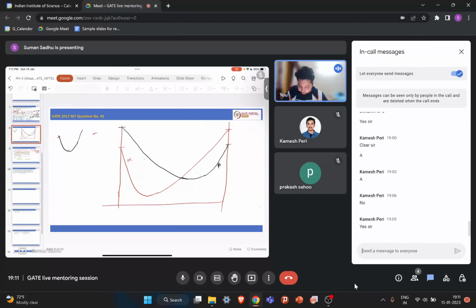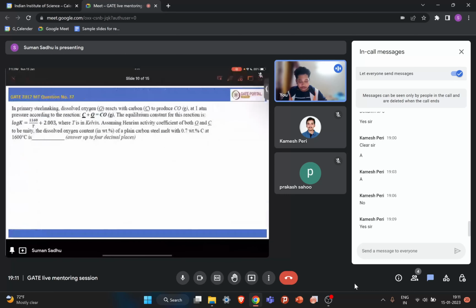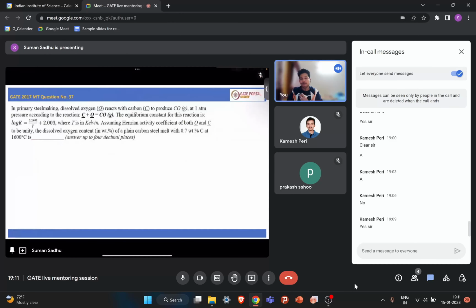I also thought to cover some other concepts in thermodynamics, like the activity coefficient gamma, when a solution follows Henrian activity and when it follows Raoultian activity, and I thought to plot the activity of B versus XB graph also.